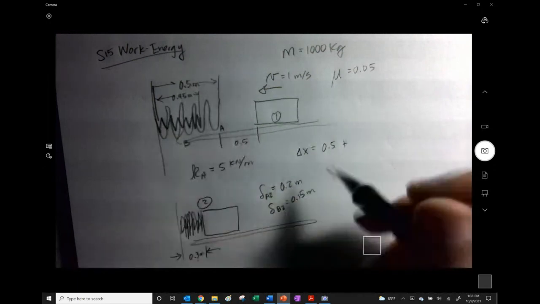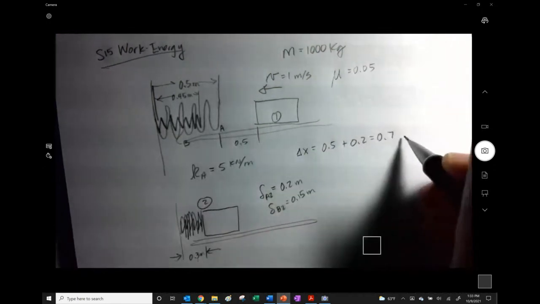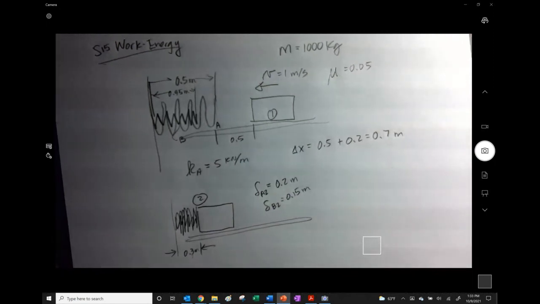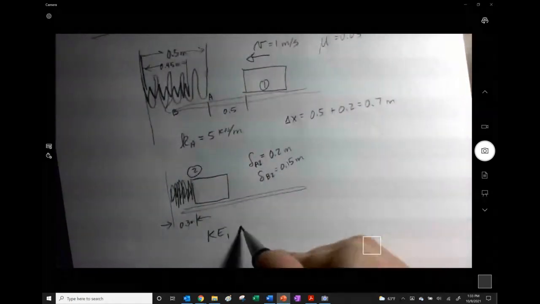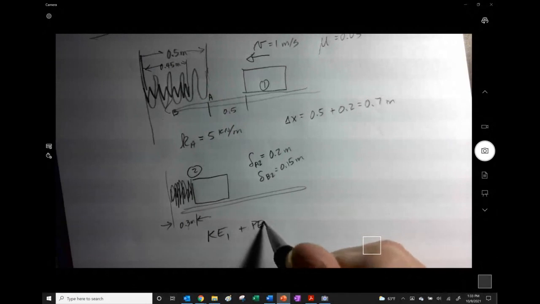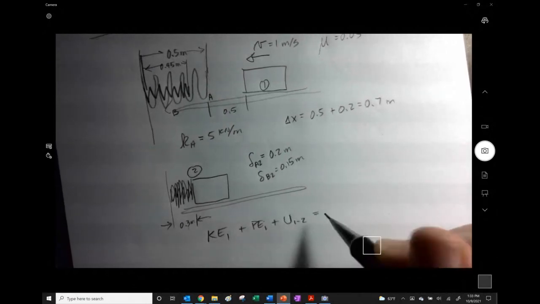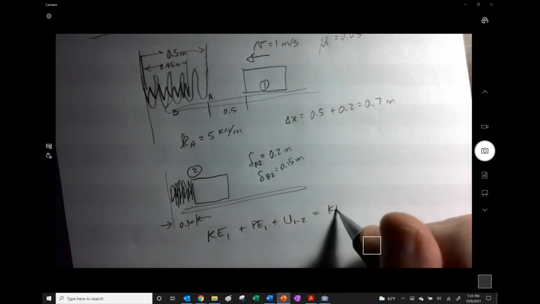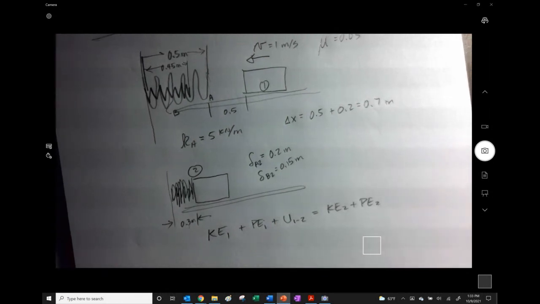So it has moved 0.2, so this 0.2, so it has moved 0.7. There's a lot of record keeping here, right? A lot of stuff where you just kind of try to picture what's taken place. So now we say KE1 plus PE1 plus the work that gets done between 1 and 2, and then KE2 plus PE2.